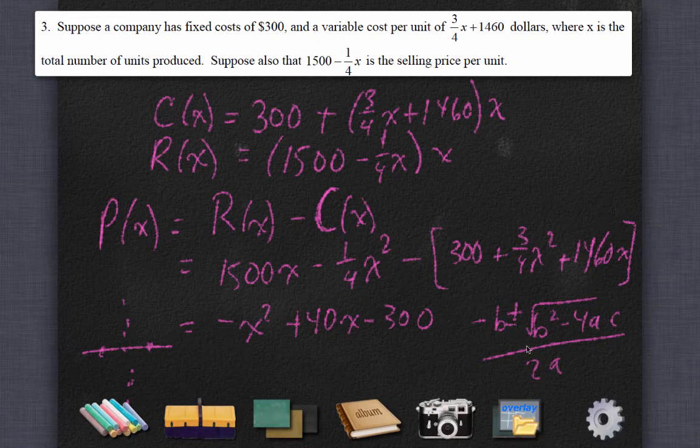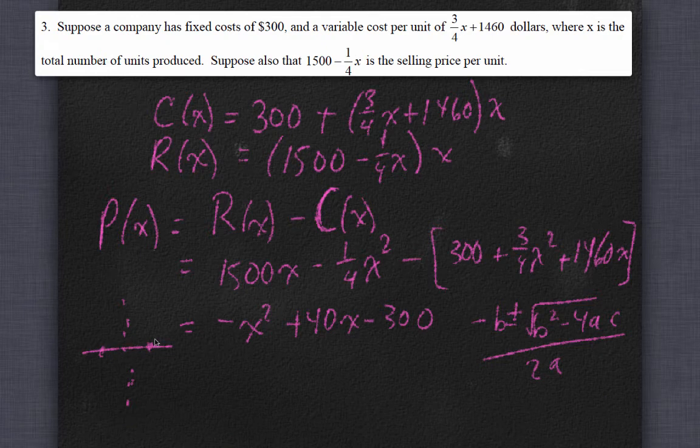So the vertex is at the negative b over 2a part, because that's what had stuff added and subtracted from it to get to the zeros. So you can always just do negative b over 2a for the x value. And then you could solve anything else you wanted. You could solve the profit, the cost, the revenue, whatever, but that's where you're going to maximize the profit.